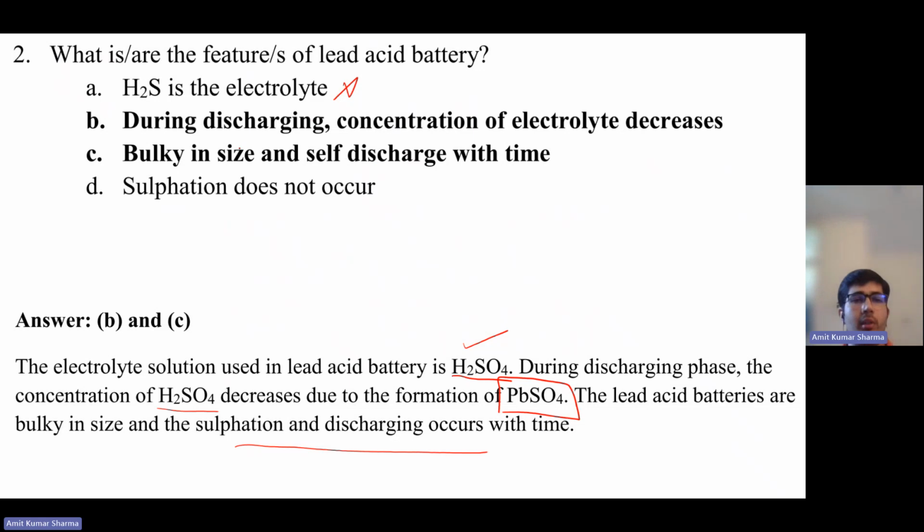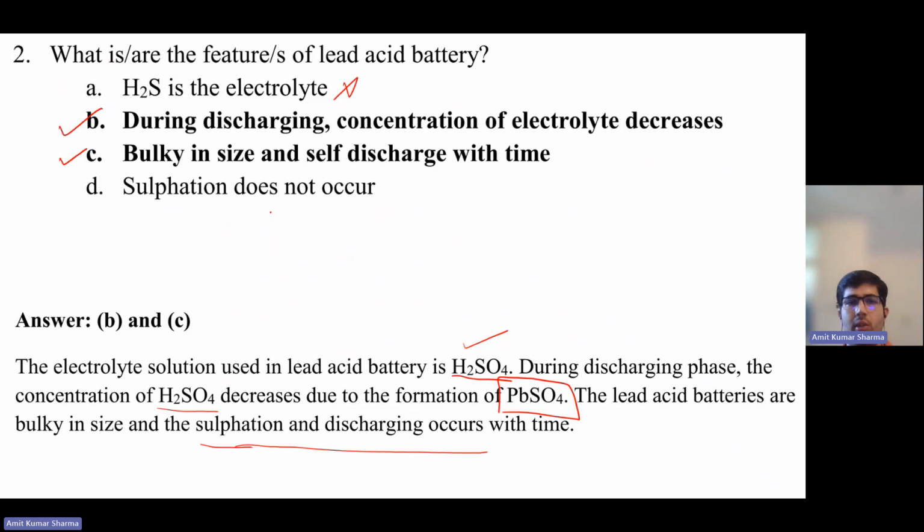Option B is during discharging, concentration of electrolyte decreases. It's correct because the concentration of H2SO4 decreases due to the formation of PbSO4. Option C is bulky in size and self-discharge with time. The lead acid batteries are bulky in size, and sulfation and self-discharge occur with time, so option C is also correct.